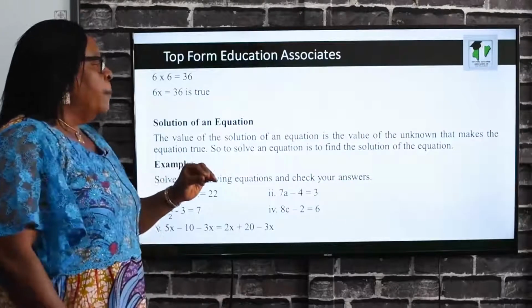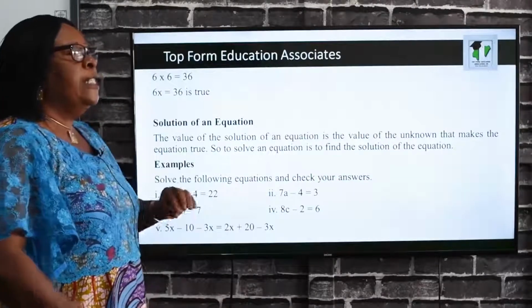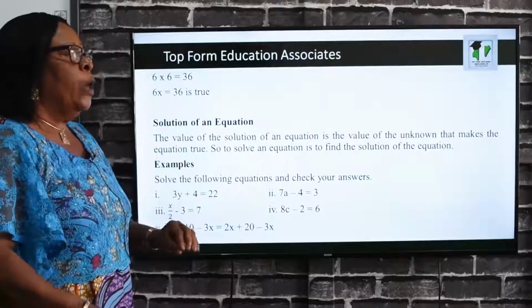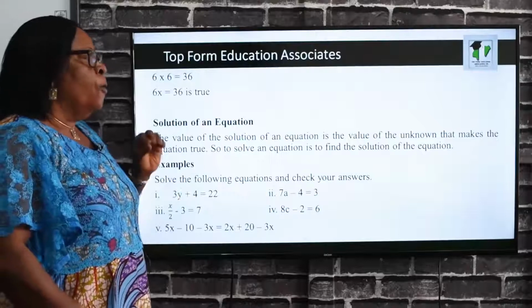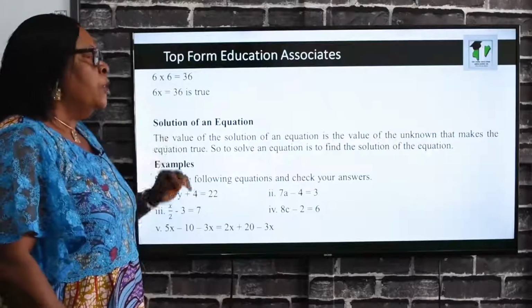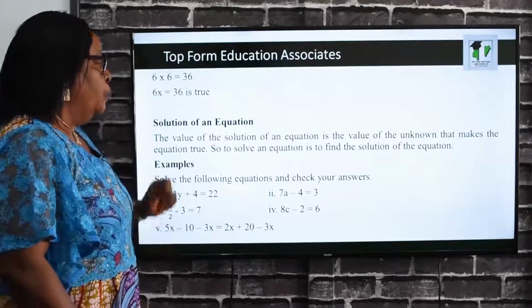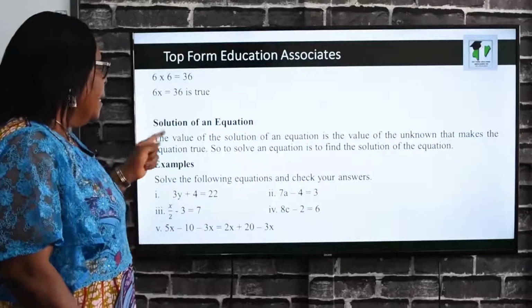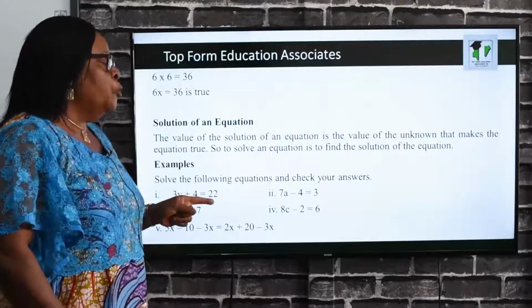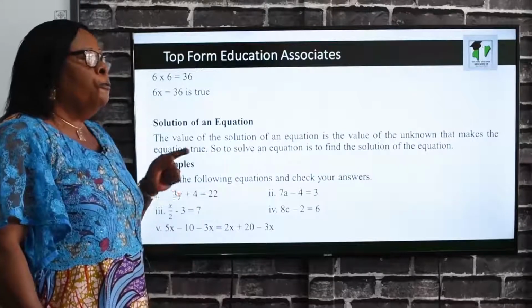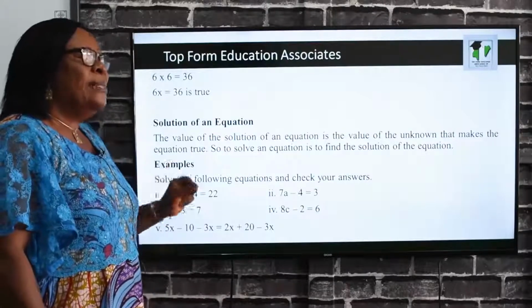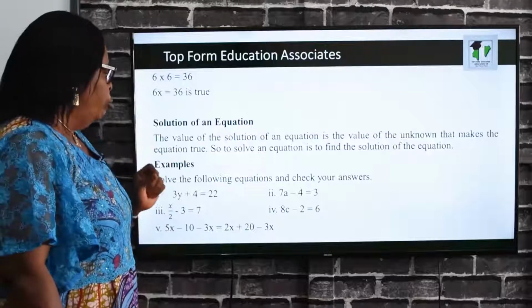Because an equation is a statement of equality, the value of the unknown must make the equation true. So in the following examples, we are going to look at the value of the unknown that makes the equation true.